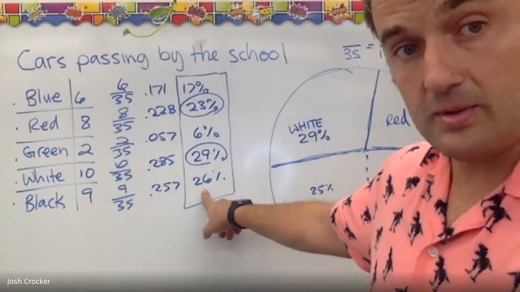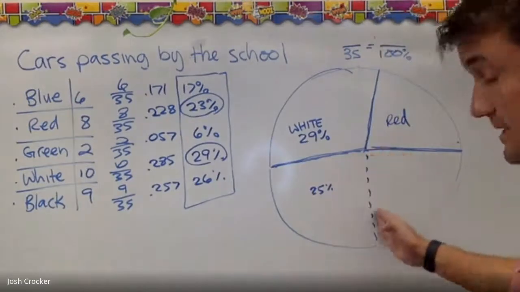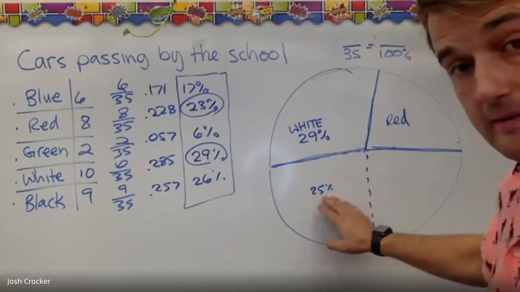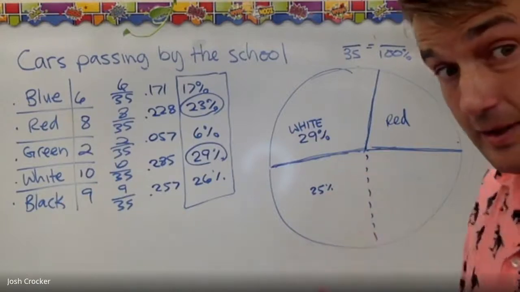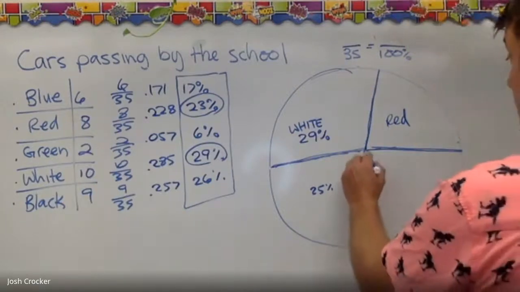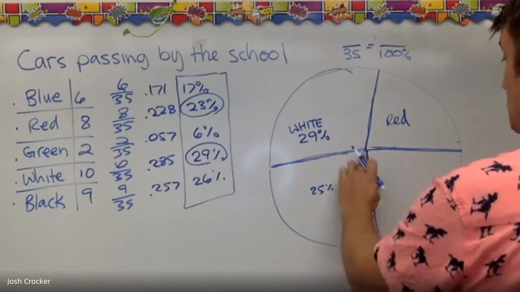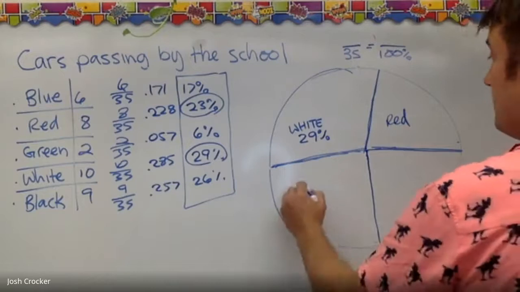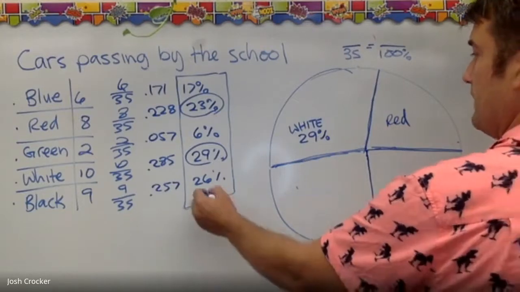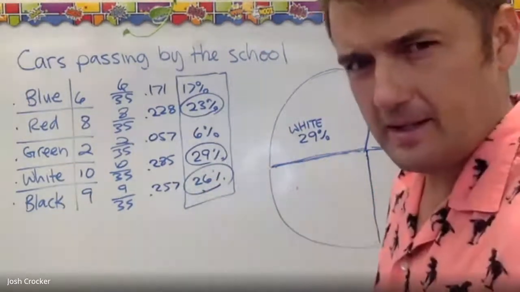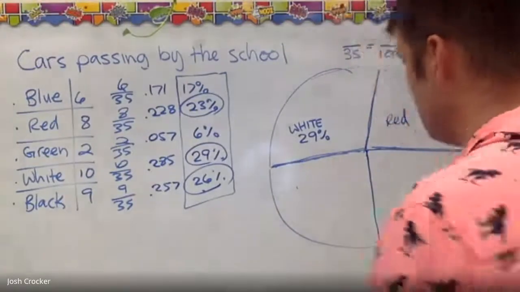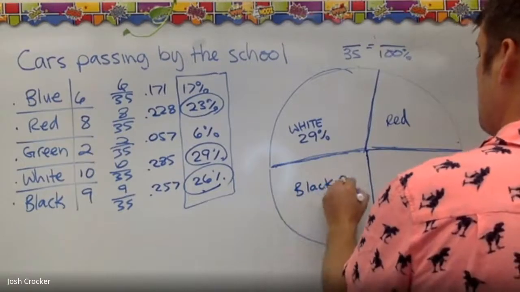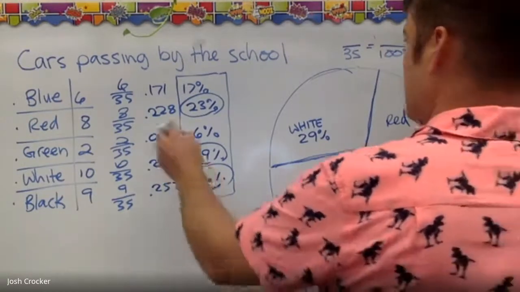Black is 26%. This piece here is 25, and I want 26. Well, that's pretty close to 25. So I'm just going to make this slice just a touch bigger. And that's going to be my black. I think I said red a minute ago. It's going to be my black slice at 26. Red was 23%.